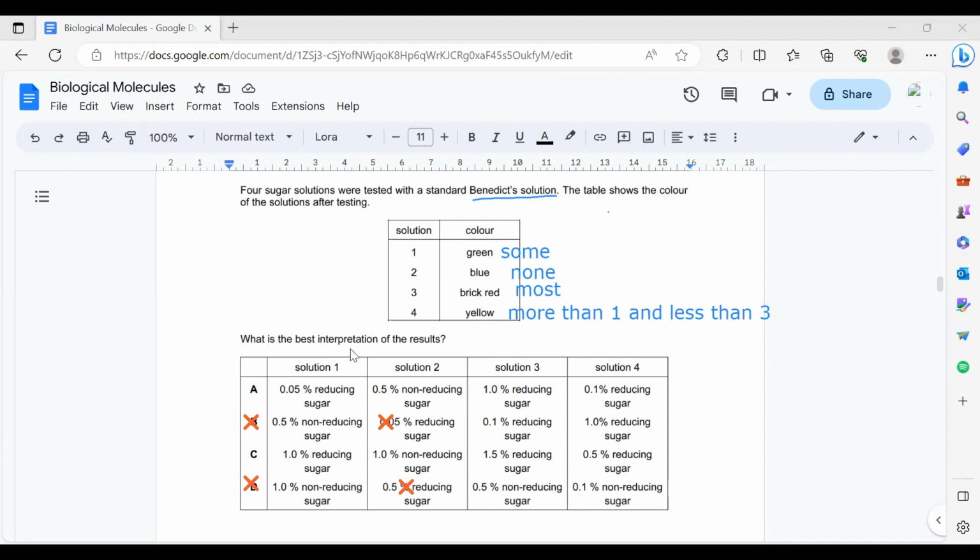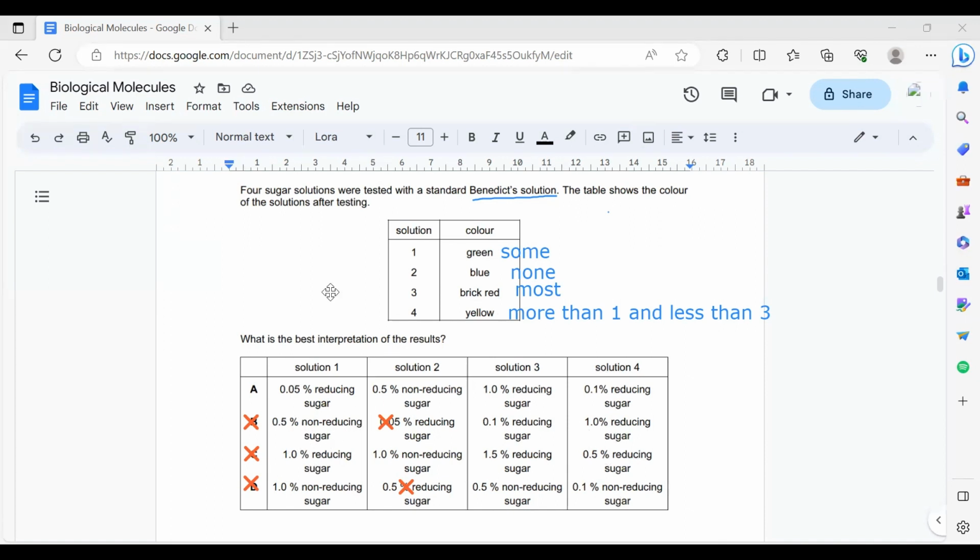In option C, solution 1 has 1% reducing sugar, but solution 4 has only 0.5% of reducing sugar, when solution 4 must have more than 1 and less than 3. So option C is also not correct because solution 4 must have more reducing sugar than 1 and less than 3. It has less than 3, but it also has less than 1, so that's not the option.